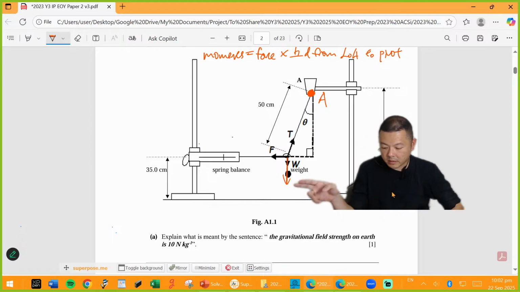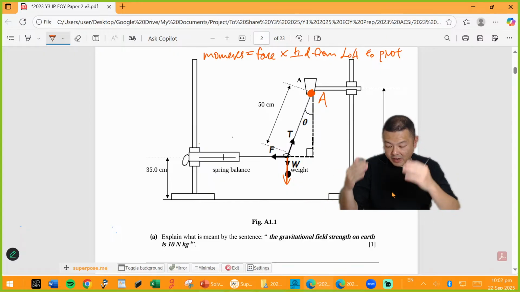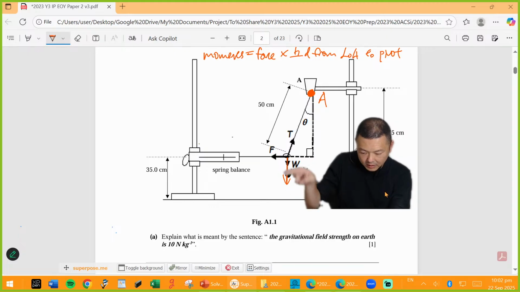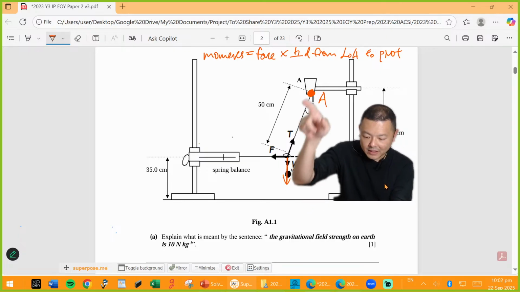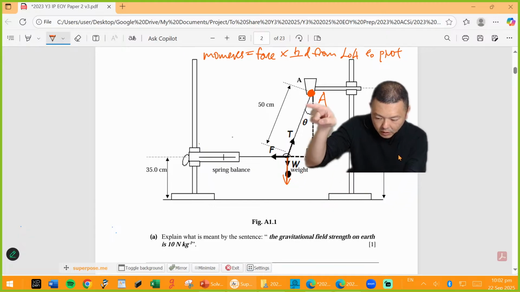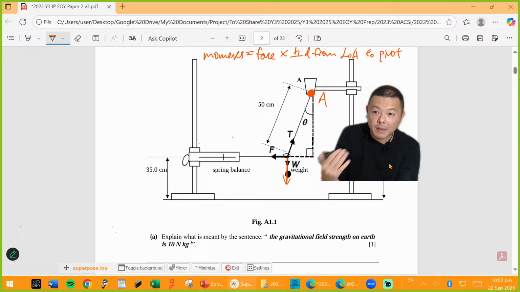The arrow is here. Why is 50 not the distance? Some people will want to measure the distance from this point to this point and ask why they can't multiply by 50.